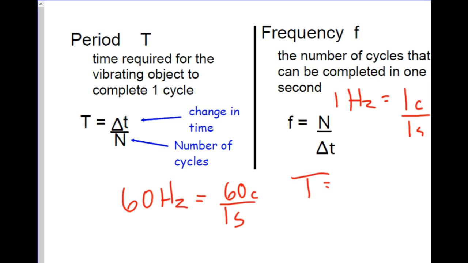Now, it's asking you to calculate the period. Period is time divided by cycles. So that means 1 second is divided by 60 cycles. You need to reduce this to over 1 so that we can see how many seconds it will take for 1 cycle to happen.